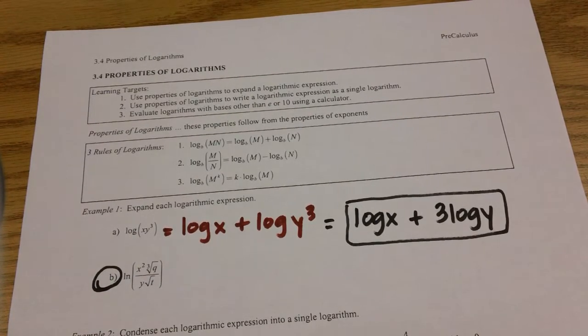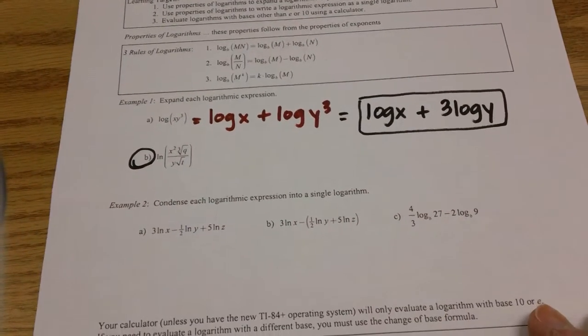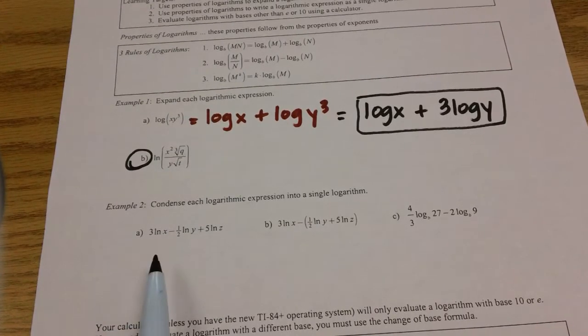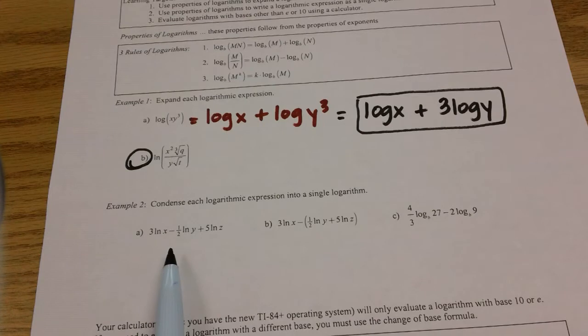All right. We can also use it to condense logs. So in example 2 here, we are asked to condense some logs. Right now we have 3 natural log of x minus 1/2 natural log of y plus 5 natural log of z. What we're going to do is work from left to right.